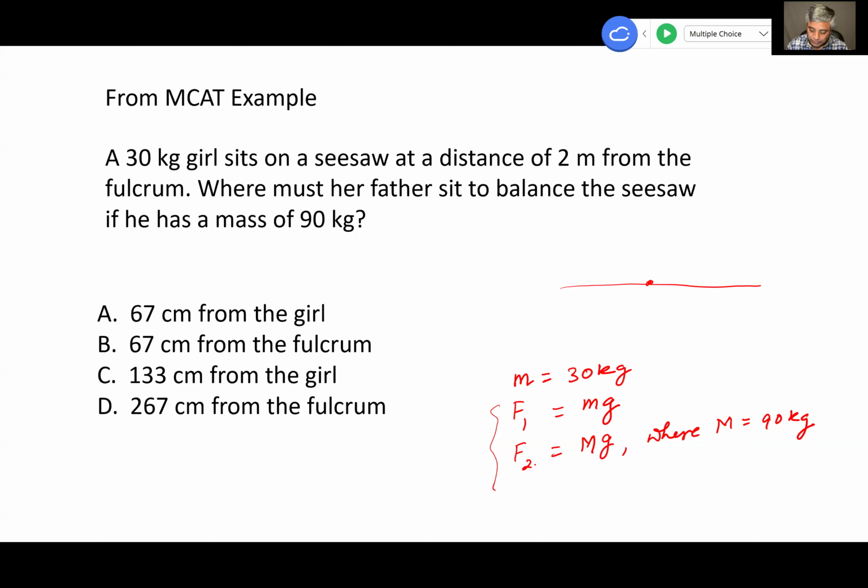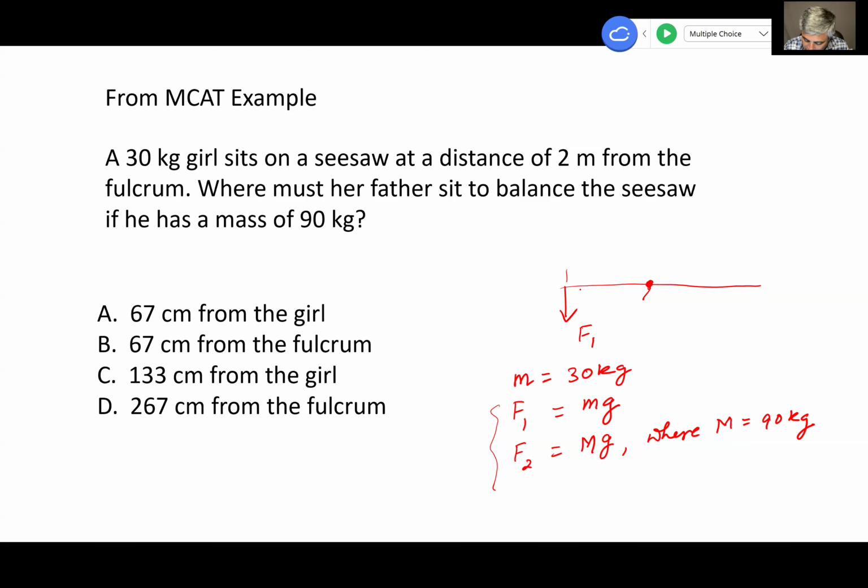So Grawl is sitting here, and it says 2 meters from the fulcrum. So that's where the fulcrum is, right? So let's say, when you sit on that, it's often horizontal at the beginning. So the force is vertical.